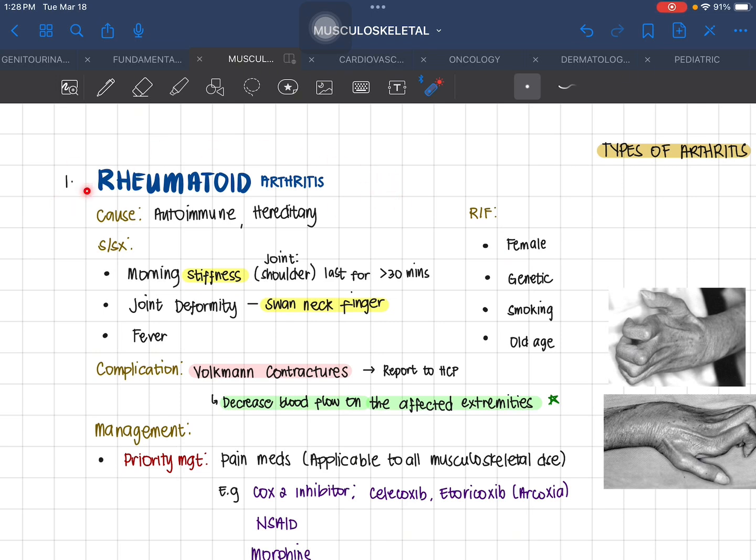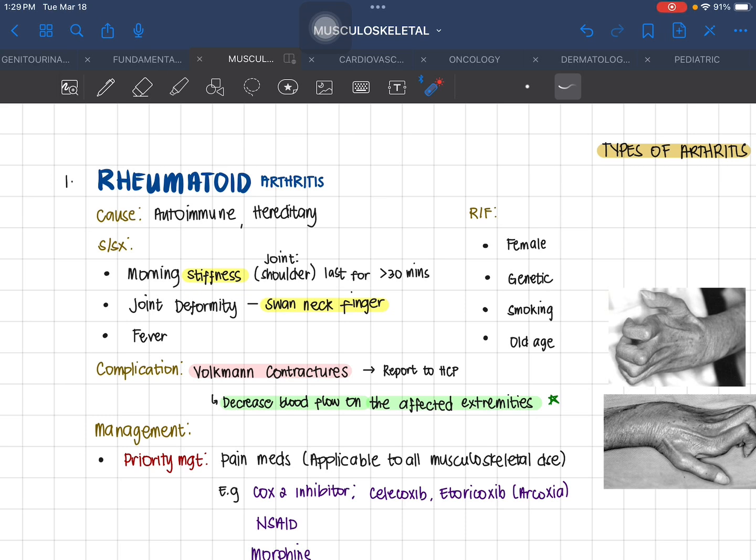First is yung rheumatoid arthritis. So, balik tayo sa ROGS. Yung R stands for rheumatoid. So, ang partner niya is AH. Ang cause ng rheumatoid arthritis is autoimmune and hereditary. Ayan. So, may signs and symptoms na mafe-feel mo kapag ikaw ay may rheumatoid arthritis. What are those?